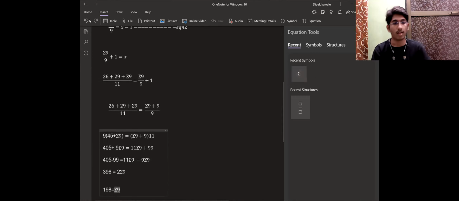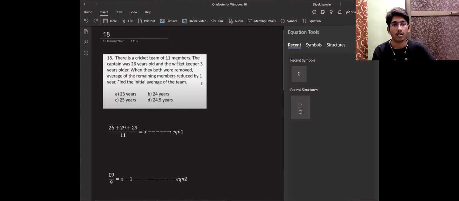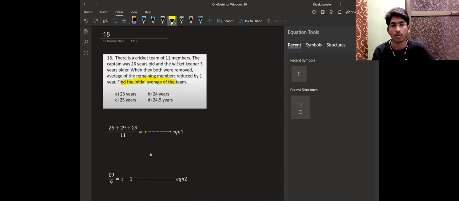So summation of 9 value is 198, we got. Now this summation of 9 value, if we put in any of the equations, we will get what we were asked: find the initial average of the team. That means we will get the x value, correct?